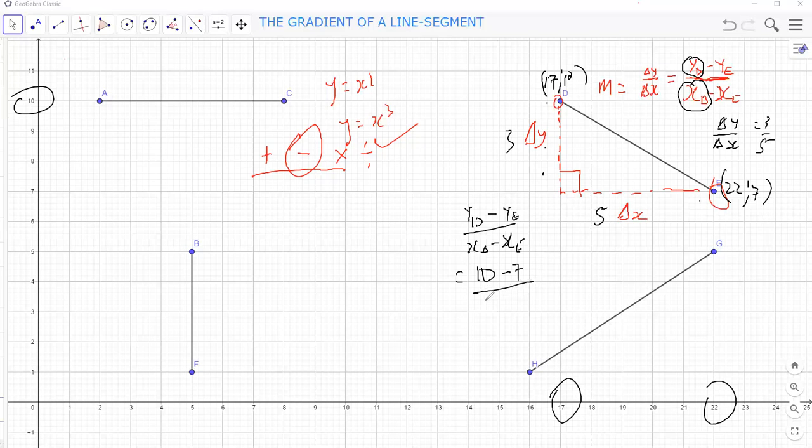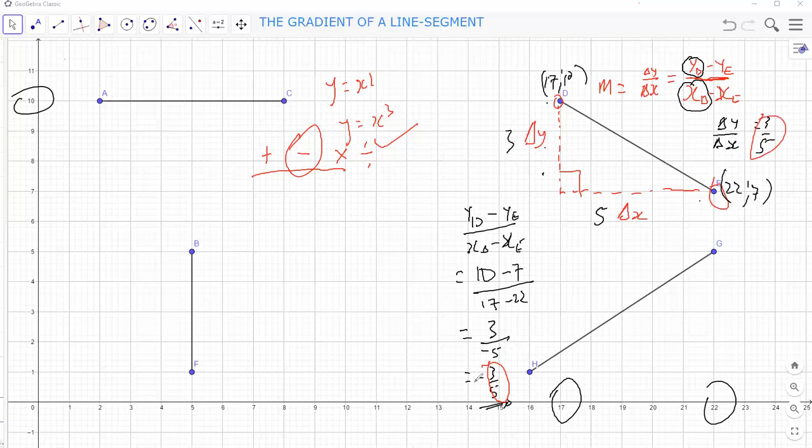For D, the x value is 17, and for E it is 22. 10 minus 7 is 3. 17 minus 22, I think we can all see, is minus 5. And so the gradient here is -3/5. So you can see this is the value that we anticipated.